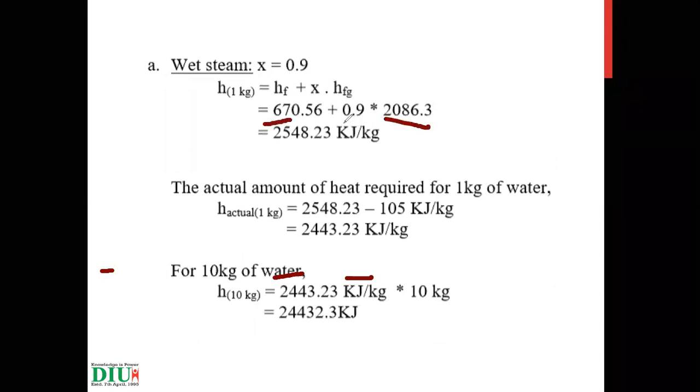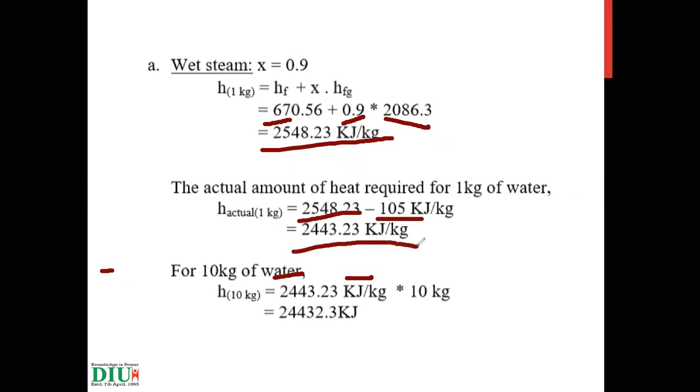If you replace the values with x, you will get the value for 1 kg of wet steam. And my student, this is 1 kg from 0 degrees Celsius. But we have been told to find it from 25 degrees Celsius. So we will subtract 105 from this value, which we already found.